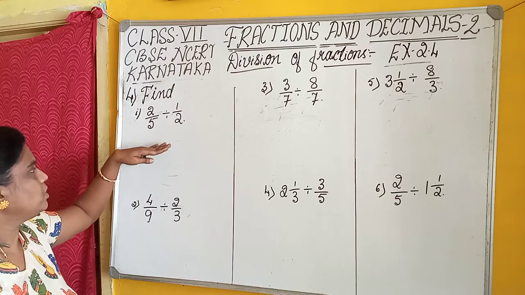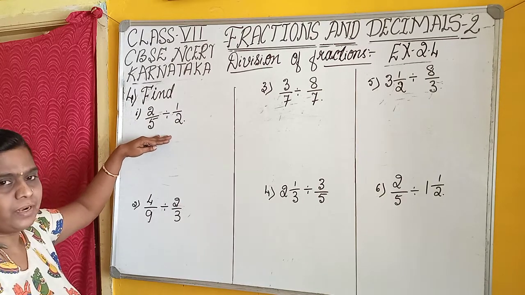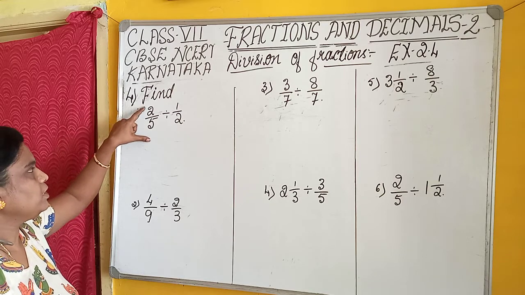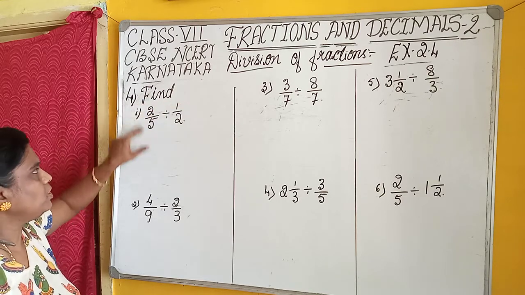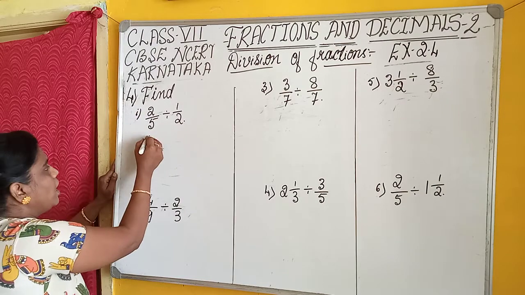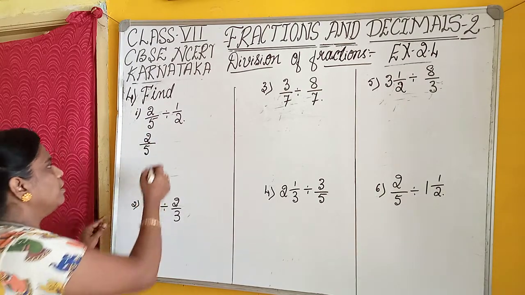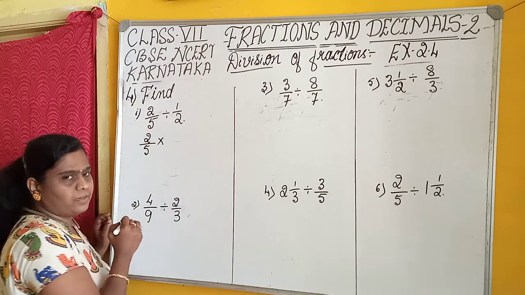Here, two fractions are given. We have to divide it. We know that while dividing a fraction by a fraction, we have to keep the first fraction as it is, and it is multiplied by the reciprocal of the second fraction.